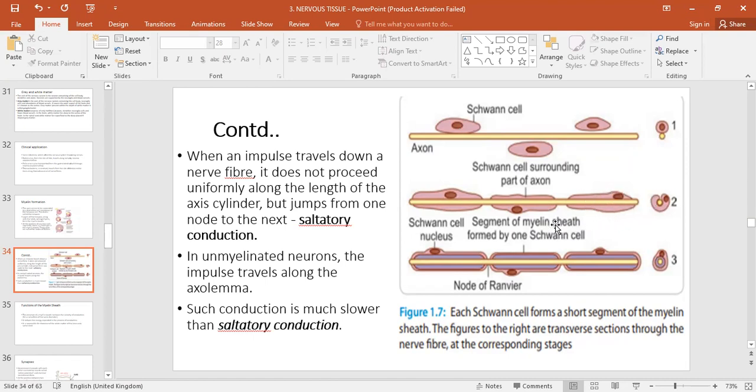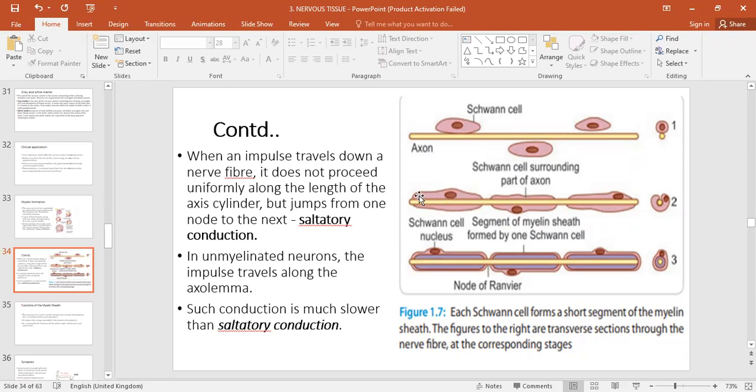Once that occurs, these two cells, Schwann cells and oligodendrocytes, leave small gaps, like you can see here. These gaps are known as nodes of Ranvier. The entire axon is insulated except at the nodes of Ranvier. The rest is covered with Schwann cell or oligodendrocyte, and we call that the myelin sheath.